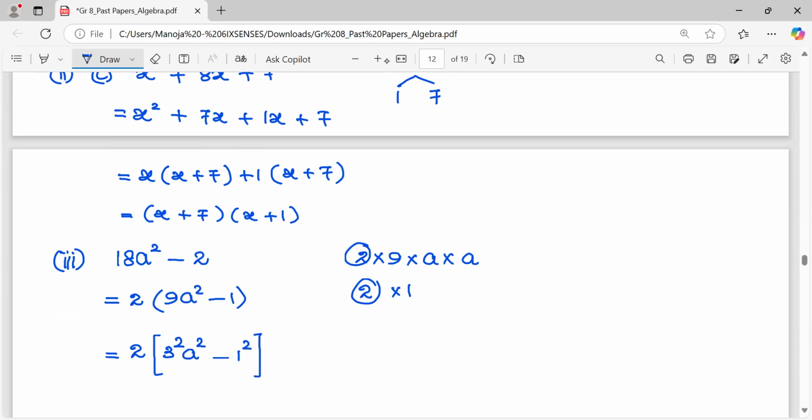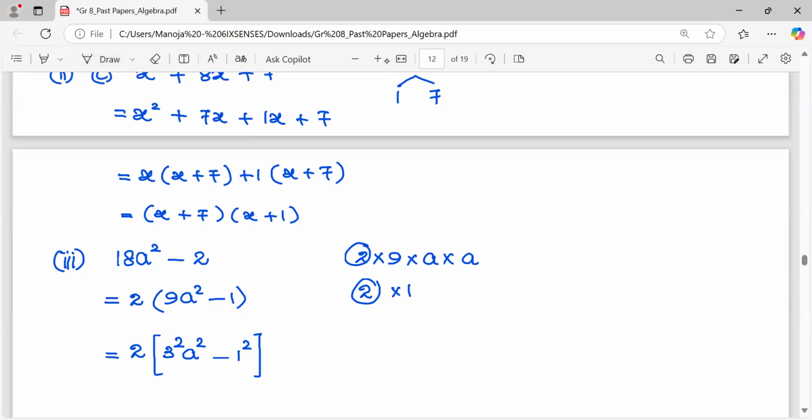They have given the words in the question, factorize completely. Taking 2 out is part of factorizing. But if they say factorize completely, it gives us a hint that we want to do more.